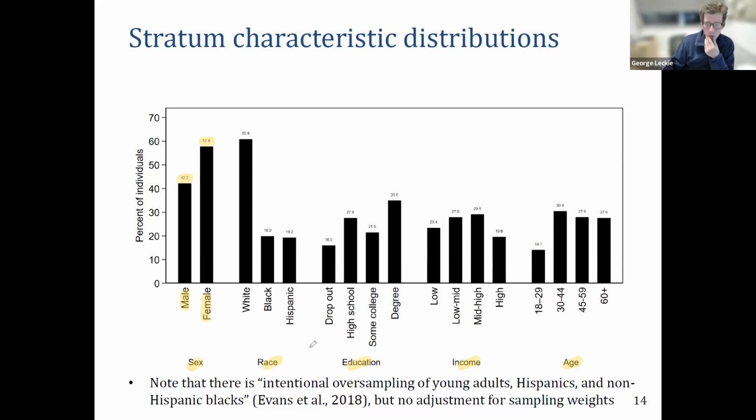More generally, it wasn't intended to be a random sample. There was systematic oversampling of young adults, Hispanics and blacks as well. Yet in the analysis by Claire Evans and co-authors, there wasn't an adjustment for sampling weights. So it'd be interesting to explore the importance of that.